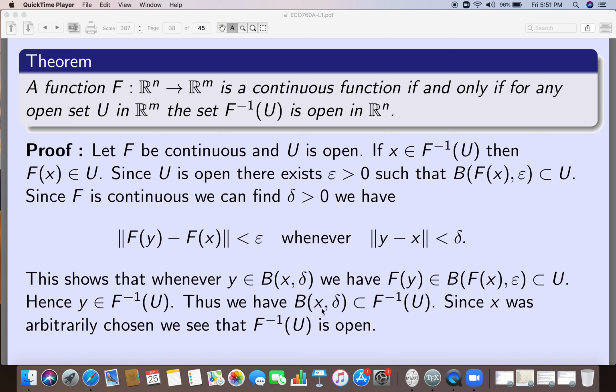Given this x, I have found a delta such that the open ball of radius delta with center x is completely contained in F inverse U. Since x was arbitrarily chosen, any point in F inverse U is an interior point, and hence F inverse U is open.